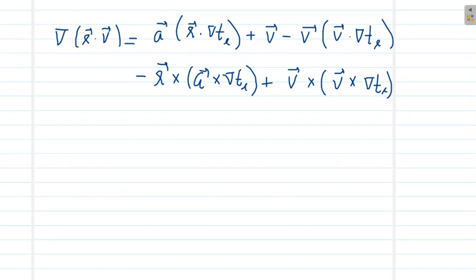Now we can see here we have a triple product, v bar cross del tr, and another triple product, r bar cross a bar cross del tr.